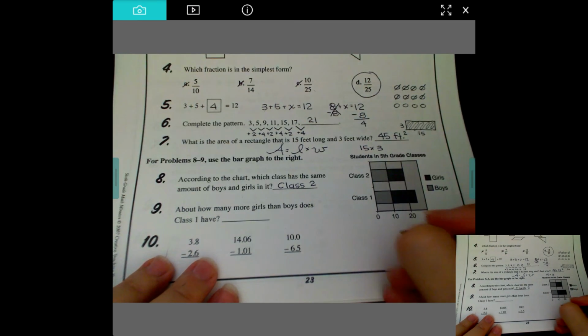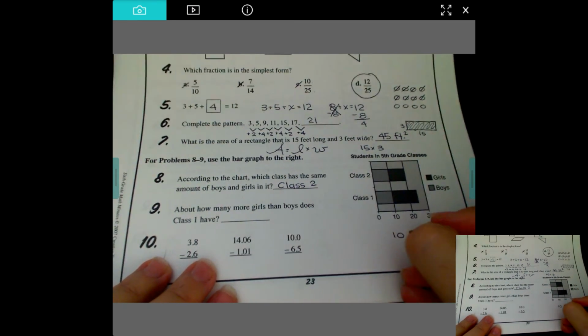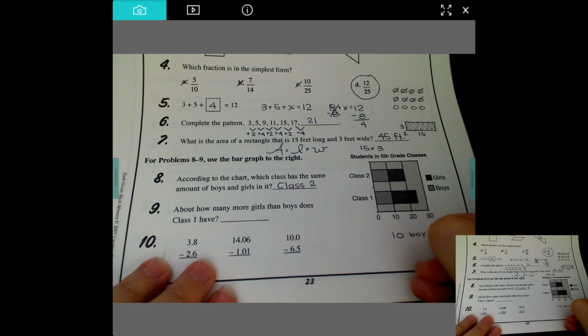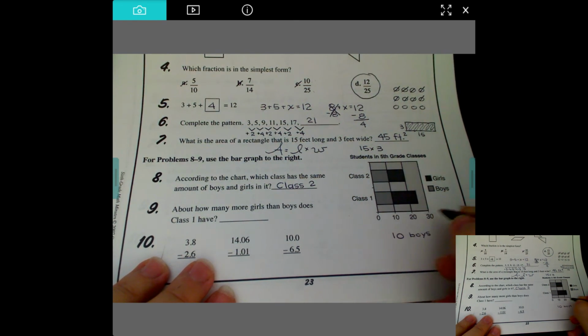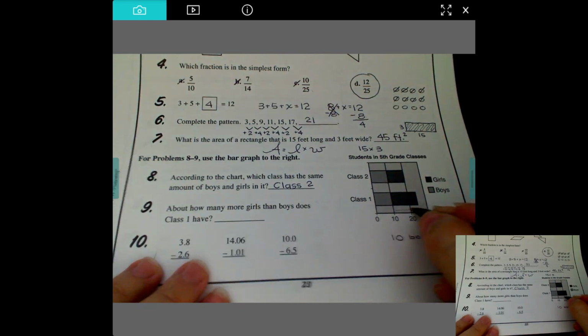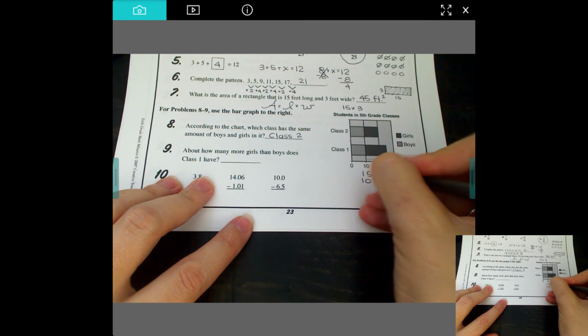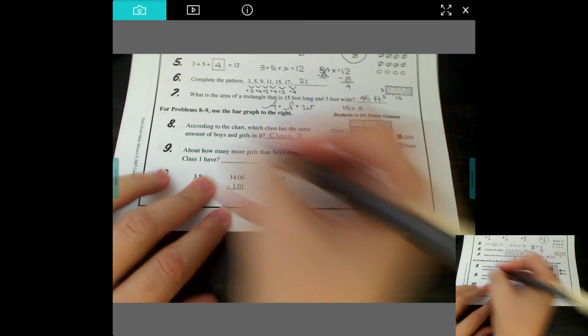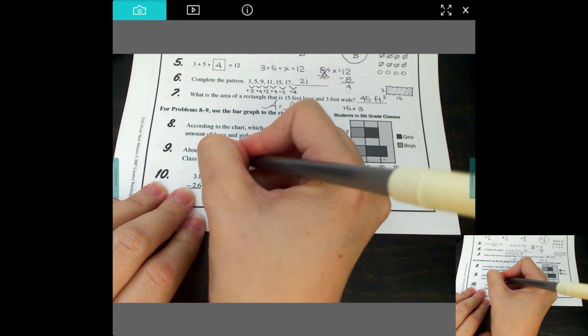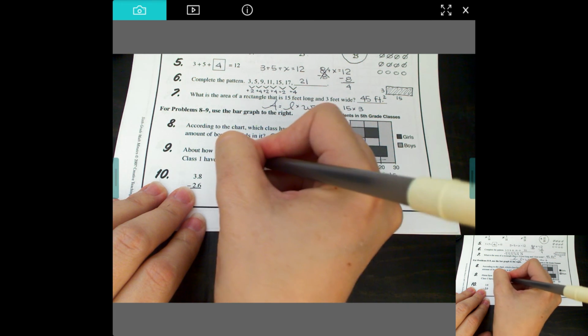Class 1 has 10 boys. And it looks to me like there's for sure 10. That looks close to 5. So that's probably 15 girls. So I know I have 5 more girls than boys.